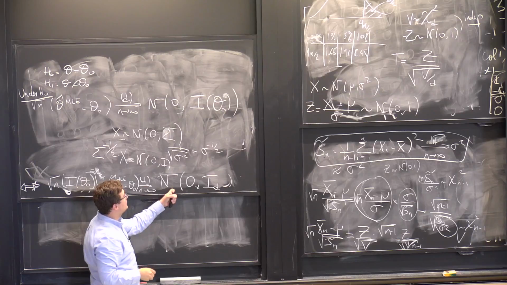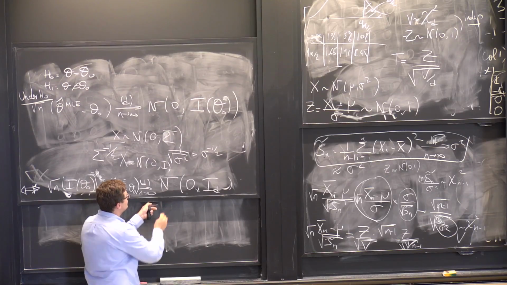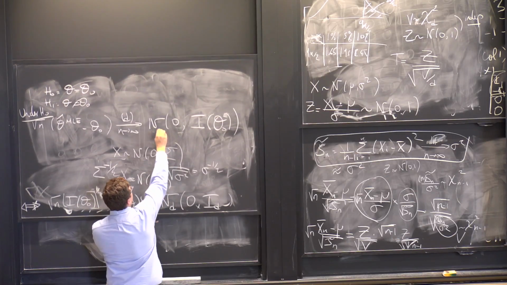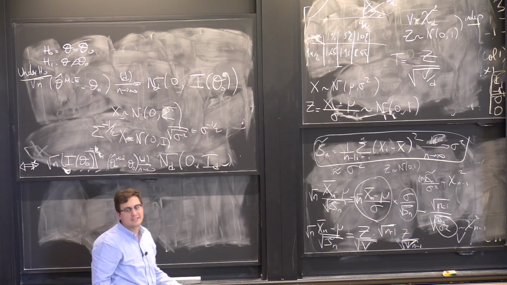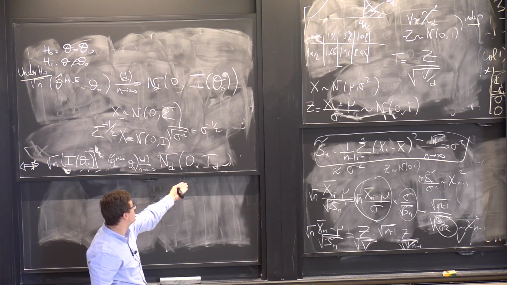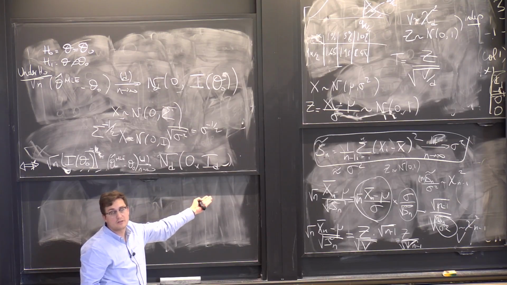And here, to make sure that we're talking about a multivariate distribution, I can put a d here. Though it's pretty clear from the context, since the covariance matrix is actually a matrix and not a number.